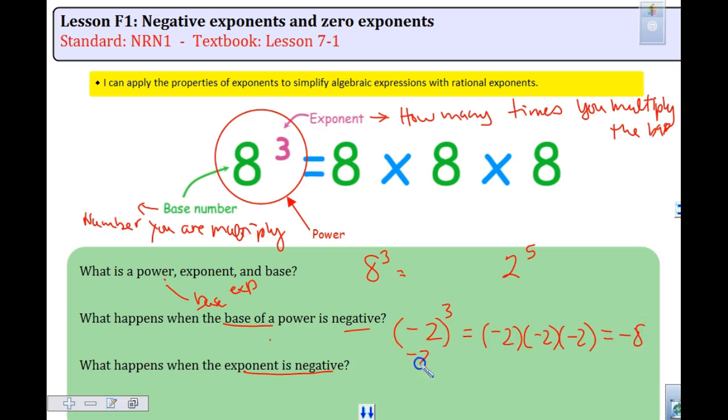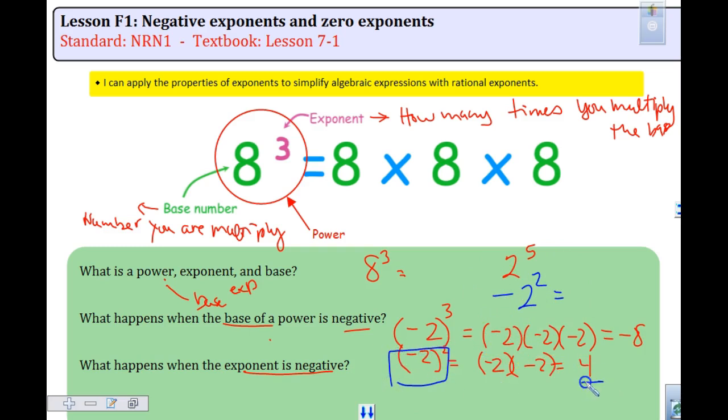But if I have -2 to the 2nd power, now this is when it comes out to be -2 times -2, which is positive 4. But sometimes you have something written like this, where you have a negative and then you have 2 to the 2nd. And this is very different than this one, okay?